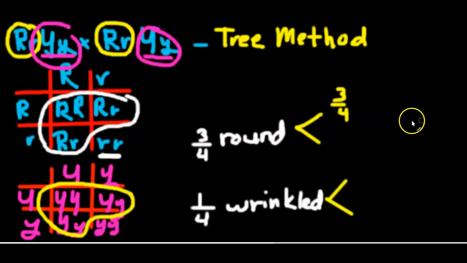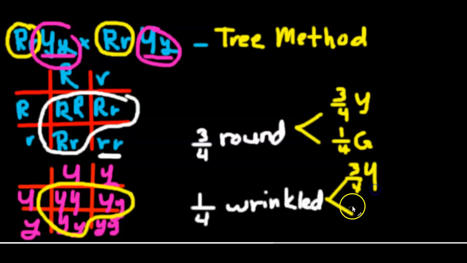And just because I'm running out of room here because we got to do some other work on this side, I'm just going to put a Y for yellow. And I'm going to put a G for green. And we do the same thing down here. 3 4s, yellow, 1 4 green.